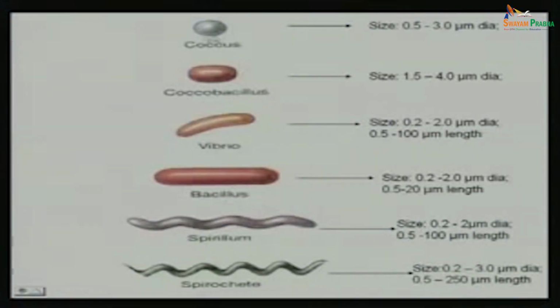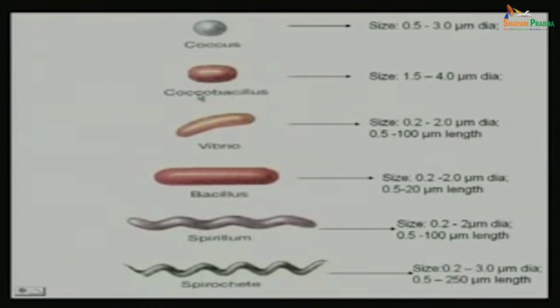Now, if it is a spherical shaped bacteria, we call it coccus, and this group of bacteria varies in size from 0.5 to 3 micrometer in diameter.